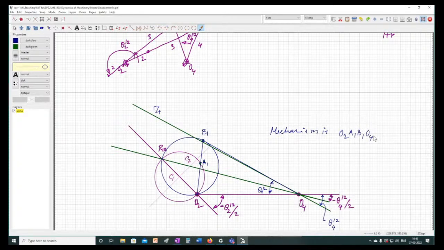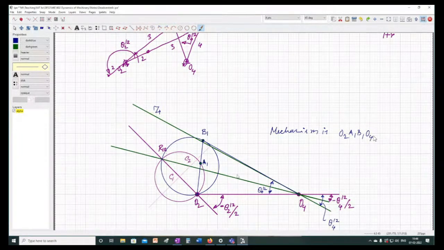Okay, then when the crank rotates on a circle, it will go to some other position, when again the coupler and the crank will be on the same line and the follower will be at some position. That angle will be this theta 4 1 2.